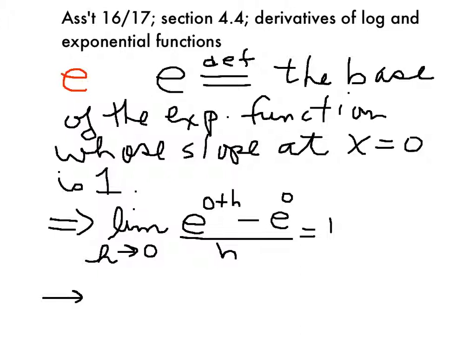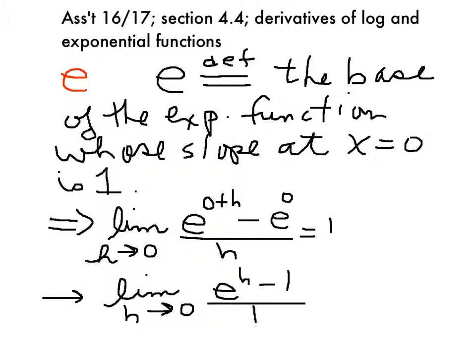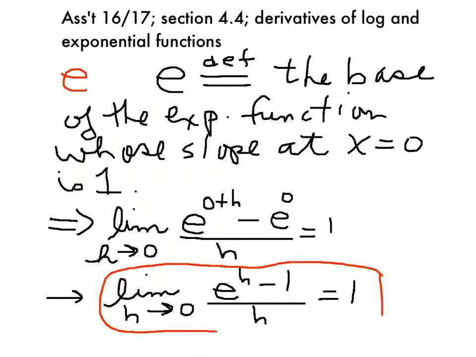And what that implies, therefore, is that the limit as h goes to 0 of e to the h minus 1, because e to the 0 is 1, all over h must equal 1. So that is a direct implication of the fact that we have defined e as we have. And this is really important, and you'll see why as we continue.